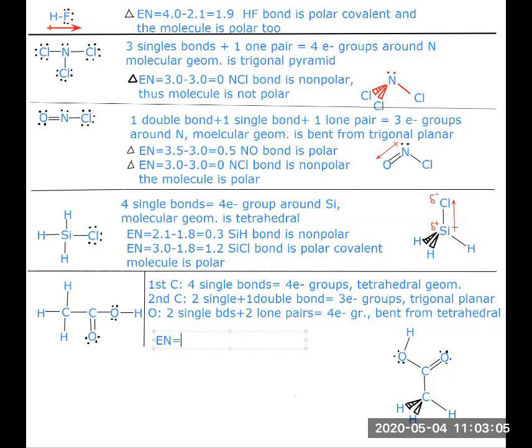So let's do the electronegativity of the CH bond. Carbon electronegativity of 2.5 minus hydrogen electronegativity of 2.1. That's a difference of 0.4. A difference of 0.4 is considered non-polar. So from doing it a lot, you will see that the CH bond is non-polar.